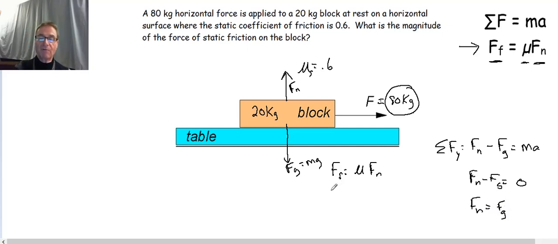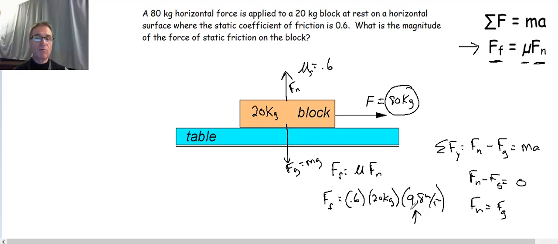So my force due to friction here is going to equal mu, which is 0.6, times Fn, which is equal to Fg, which is just m times g, which is 20 kilograms times 9.8 meters per second squared. I'm not putting a negative sign in here because the normal force is a positive force. If it was gravity, it would be negative.